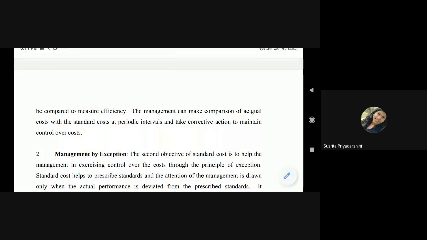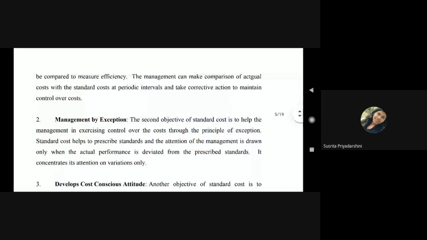Here it is written, the second objective of standard cost is to help the management in exercising control over the cost through the principle of exception. Standard cost helps to prescribe standards, and the attention of management is drawn only when actual performance deviates from the prescribed standards. It concentrates its attention on variations only.